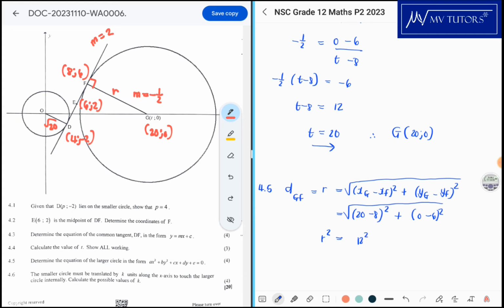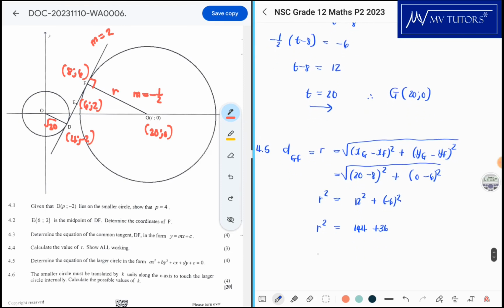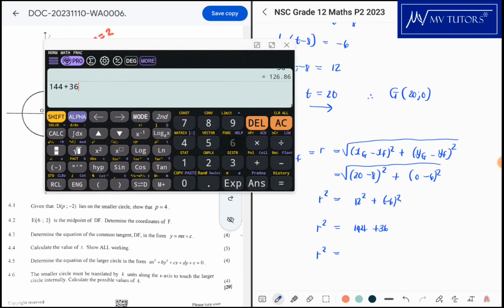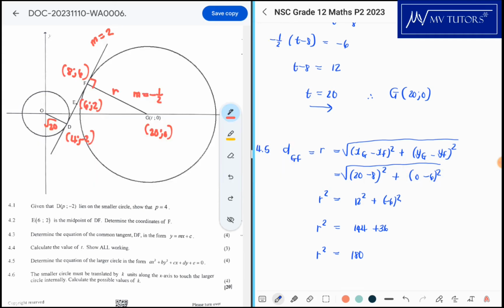So I have 12 squared here, and I have negative 6 squared. So R squared is equal to 144 plus 36. And R squared, what's 144 plus 36? That is 180. Okay, so the radius there is root 180.